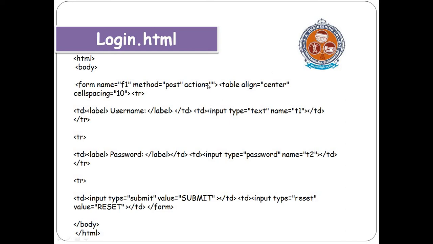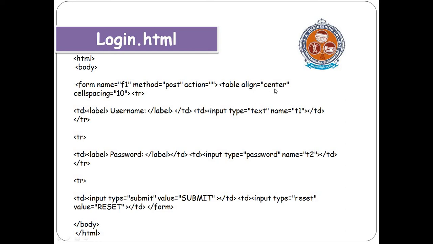Then action. Action you don't mention, because whenever you mention the action, you have to define to which page this data is to be posted. That would be defined in action, but here we don't define any action. So method is post, that means data will be posted.